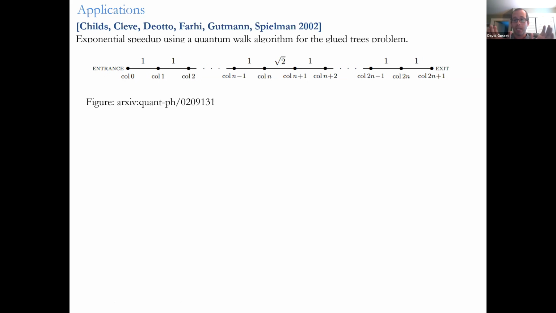In the limit of large n, you can consider this to be essentially an obstacle, the edge of weight √2, with very long paths attached on either side. And so to understand the eigenstates of this quantum walk Hamiltonian, one can use this discrete version of scattering theory.